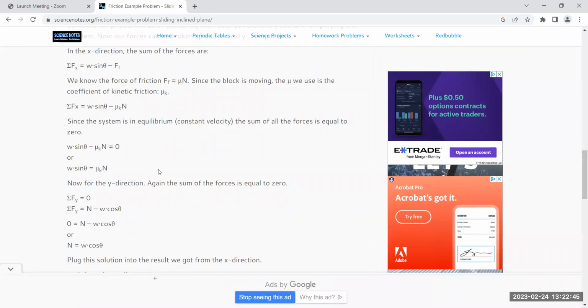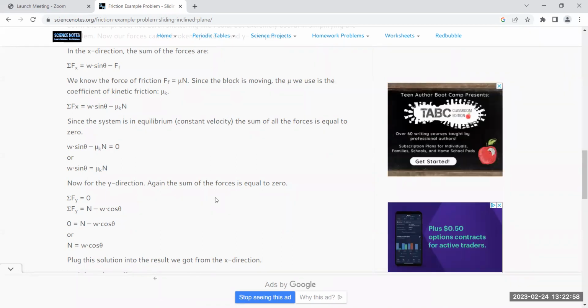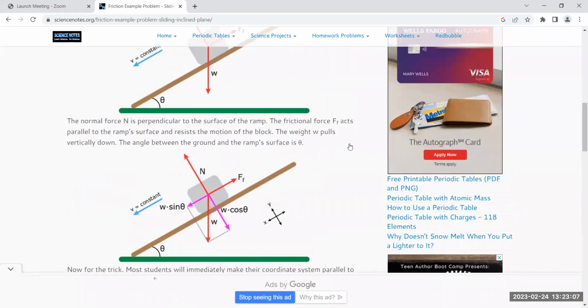We can do this a couple of ways. The easy way is to just apply a little bit of logic and critical thinking. Think about the direction this box is moving. We have the thing sitting on our predefined ramp here, and we've said that the X direction is along the ramp and the Y direction is up and down.